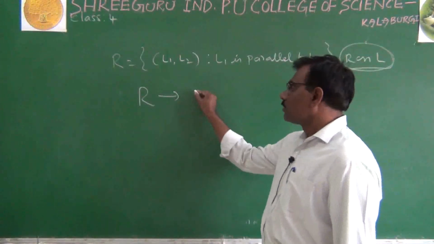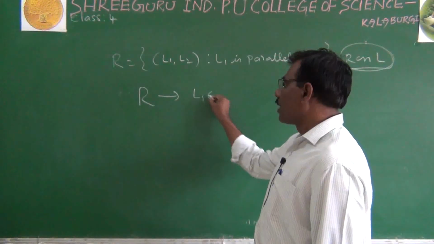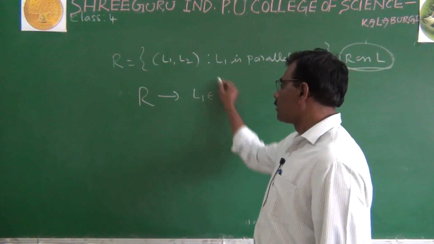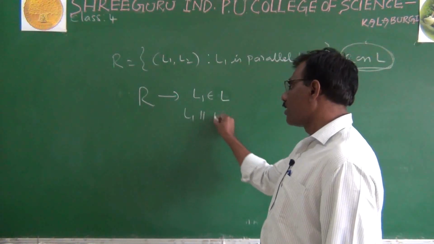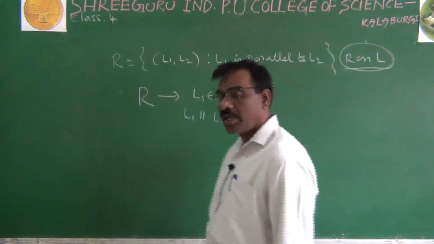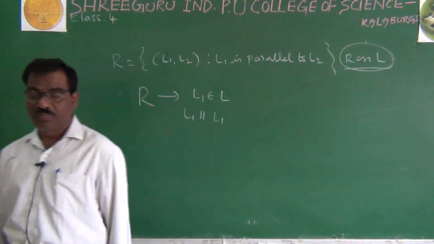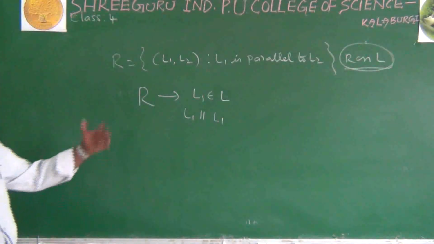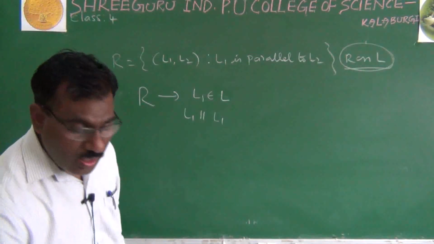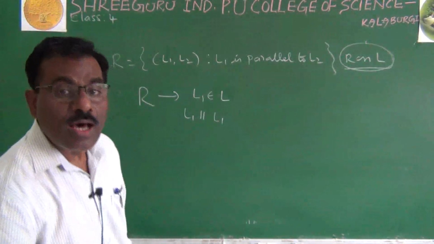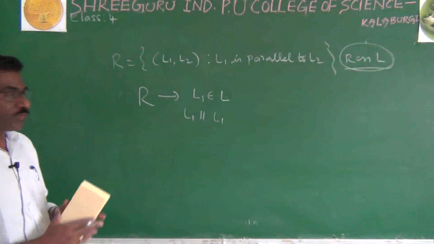Reflexive, the line. Even if you take L1 belonging to capital L, L1 is parallel to L1. The line itself is parallel. So L1, L1 belongs to R. Therefore, R is reflexive.